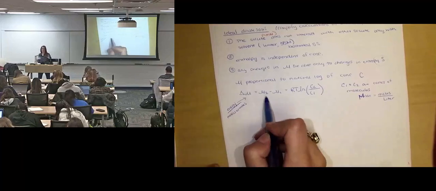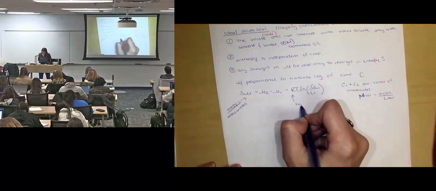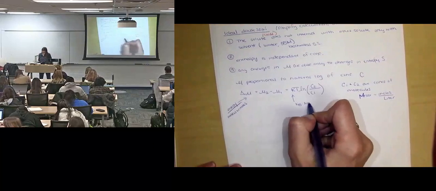And again, in here, we're comparing two solutions. We're comparing the inside, the outside, two different things, two different time points, whatever it might be. Okay. R is gas constant, which is Boltzmann times Avogadro's number.